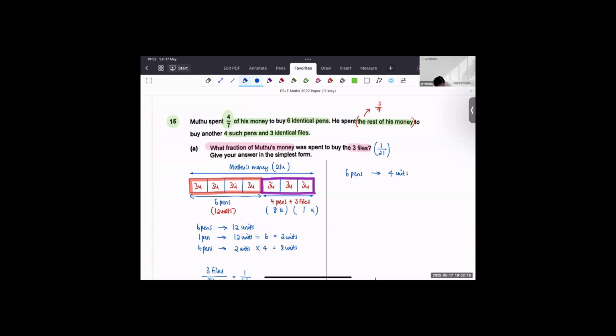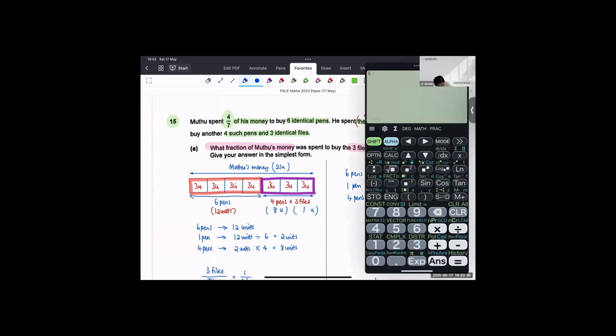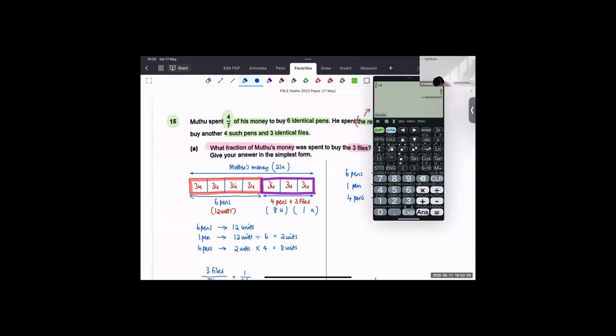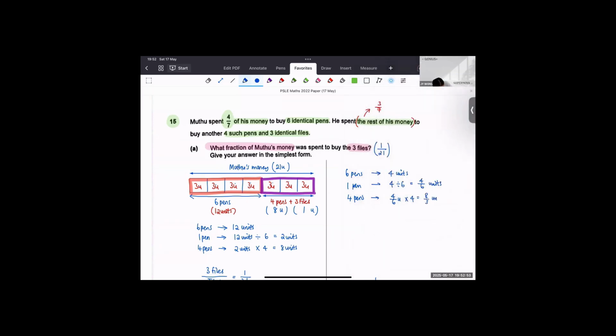Then 1 pen will be 4 divided by 6, which is the same as 4/6 units. Then you want to find 4 pens. So you will take 4/6 units times 4. If you just use a calculator, you will get 8/3 units.